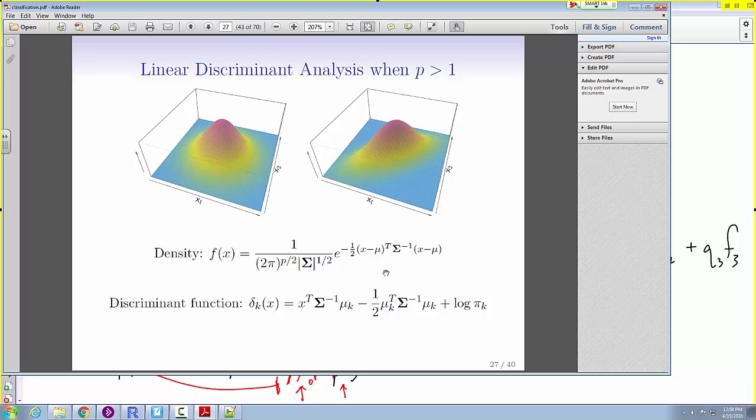So this is the multivariate normal distribution, and we can do this linear discriminant analysis by taking some vector operations on this. There is a corresponding discriminant function, and I can't remember if it is equal to the distance or some transformation of the distance. It's a function of that distance that we were just talking about.